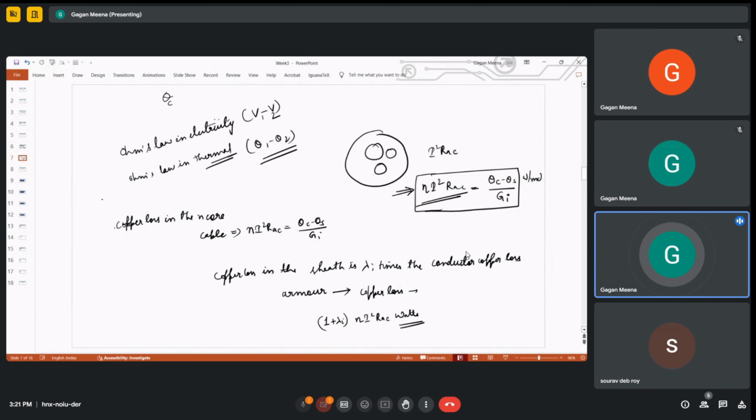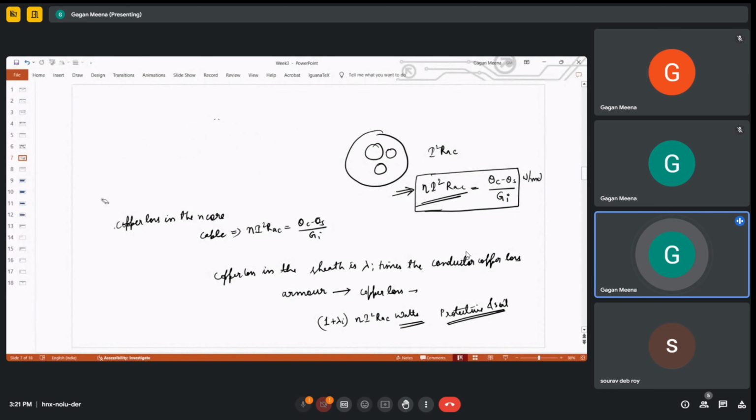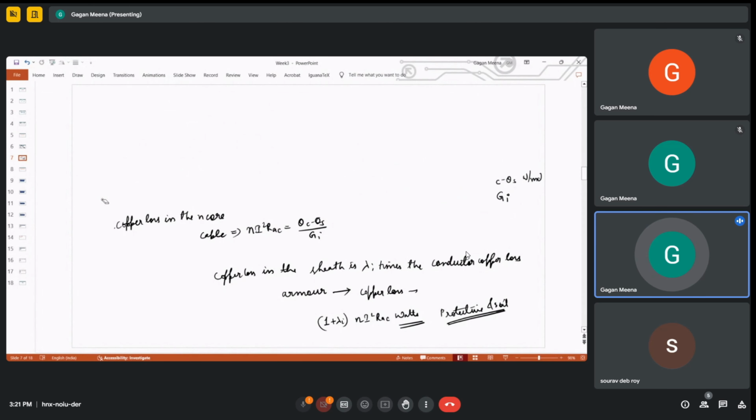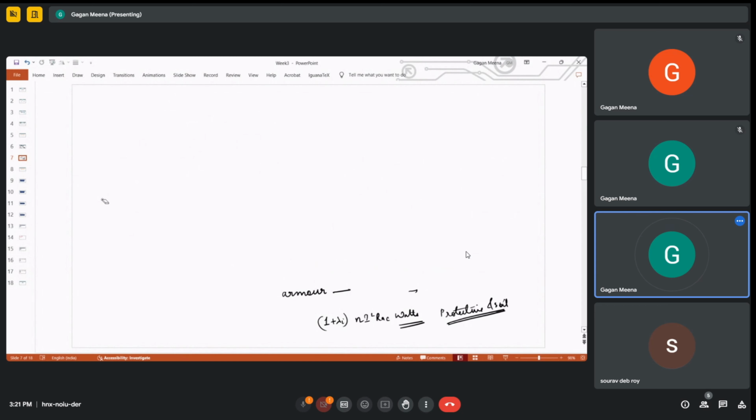And now the protective covering and the soil have to pass the heat generated because of these total losses. These total losses will be dissipated in the form of heat, and this heat has to be passed on via the protective covering as well as the soil to the atmosphere.